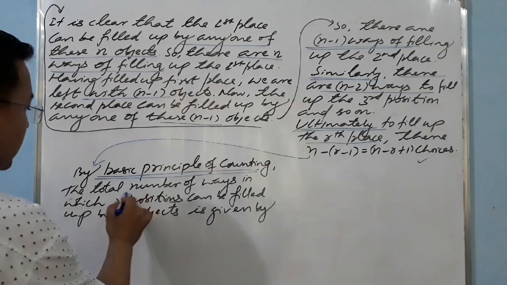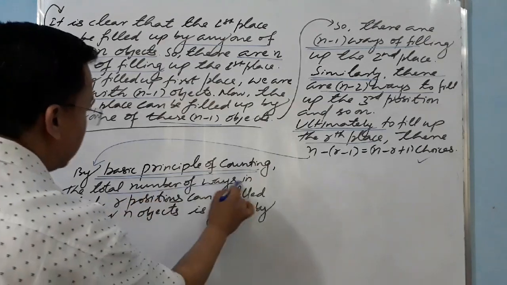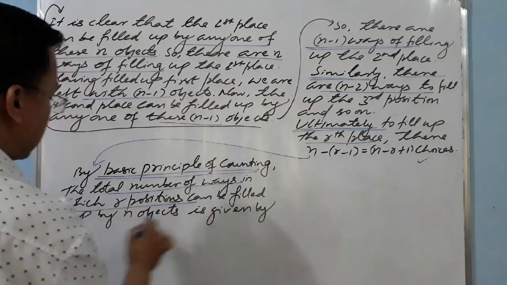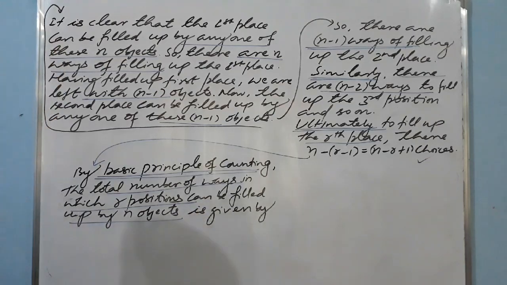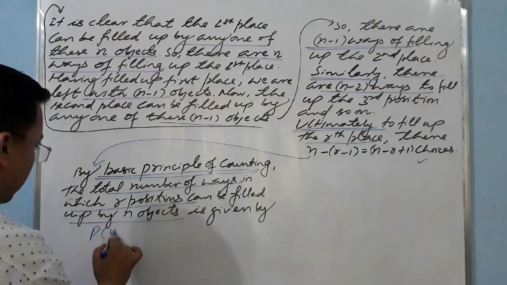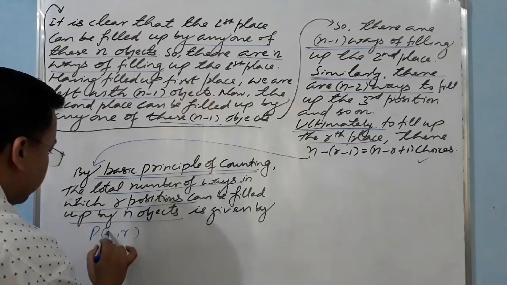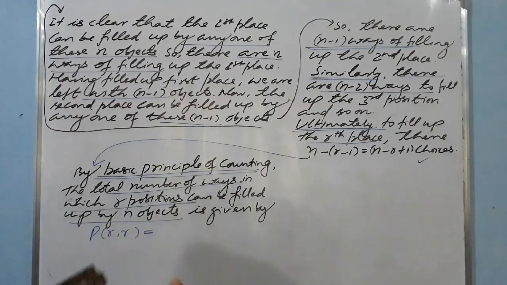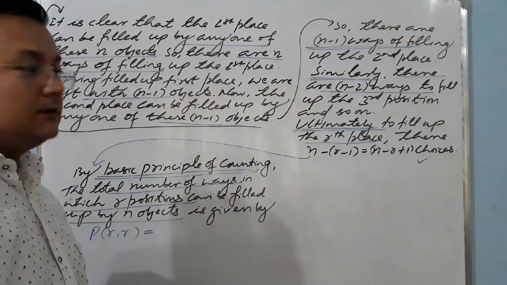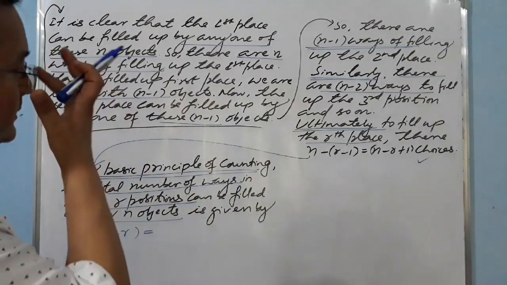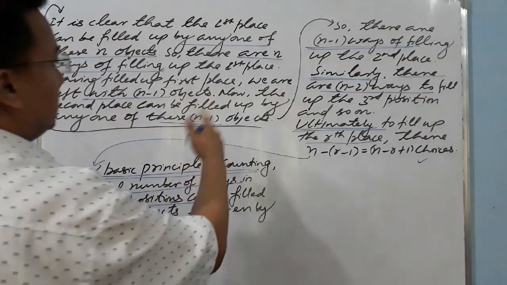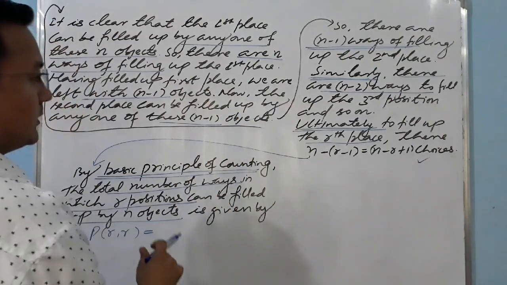The total number of ways in which r positions can be filled up by n objects is given by P(n, r), which is equal to the product of the different ways.